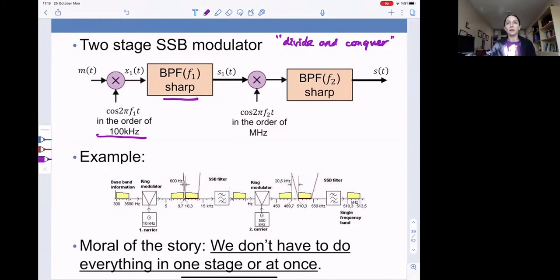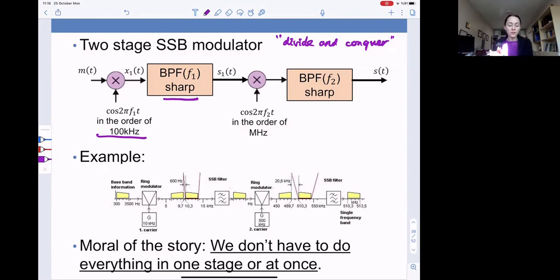The length of the tail of the filter is positively related with the center frequency of the filter.